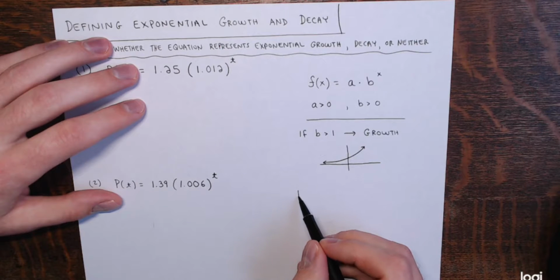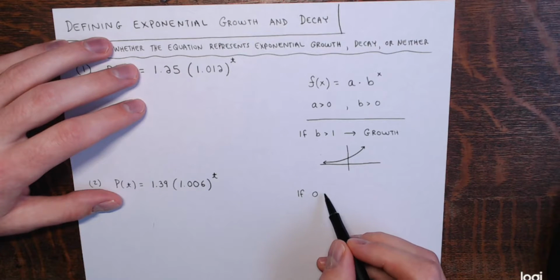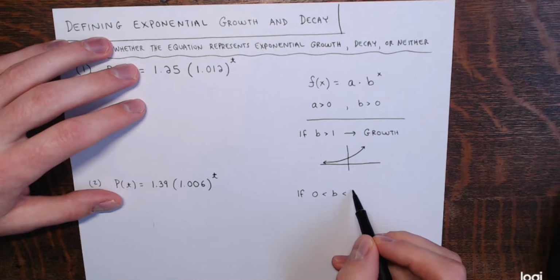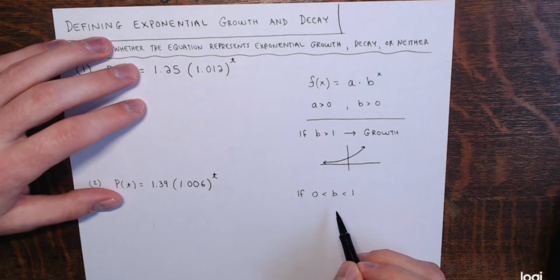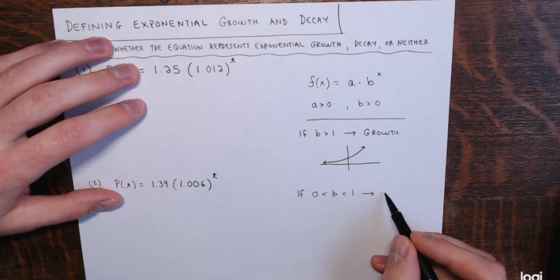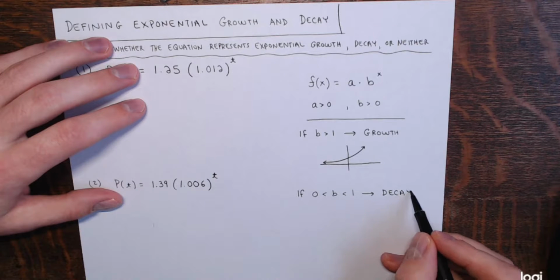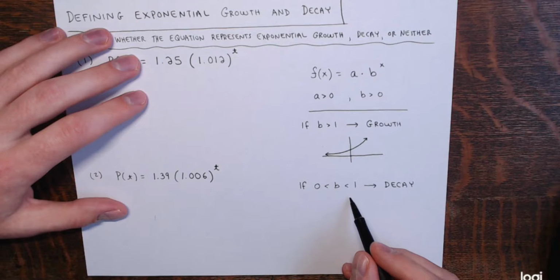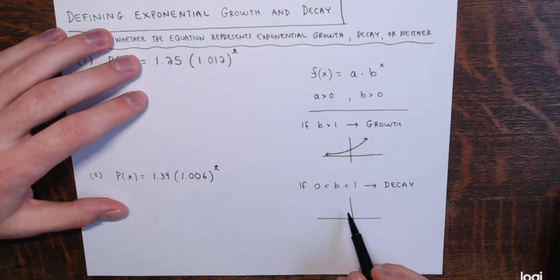The other case is if b is less than 1, but still positive, so between 0 and 1, like a half or a third or whatever. Then you have exponential decay, right? Meaning that you'll have a decreasing function. So something like this.